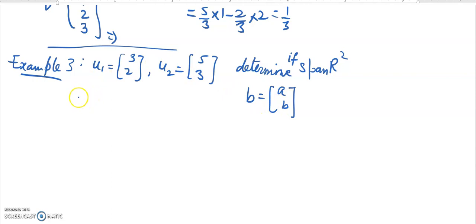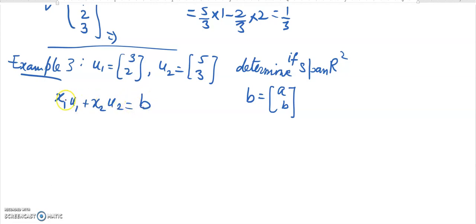So it's probably very easy to prove. For example, we can adopt the same method. Okay, so we can assume that x1 u1 plus x2 u2 is equal to b.